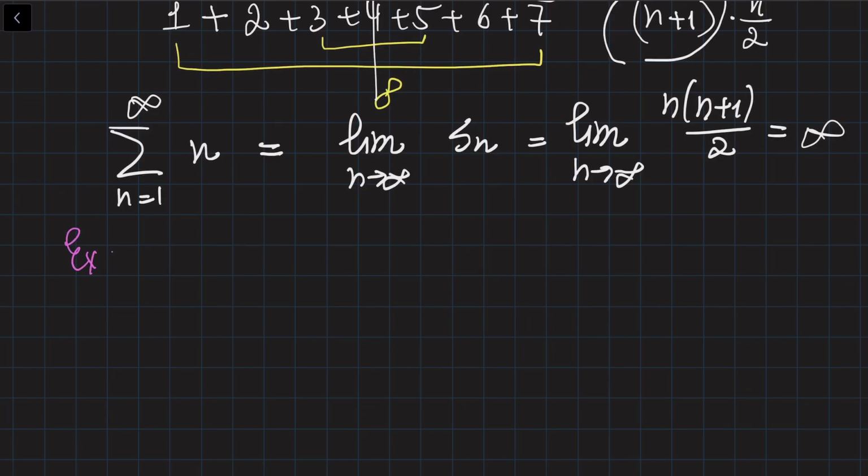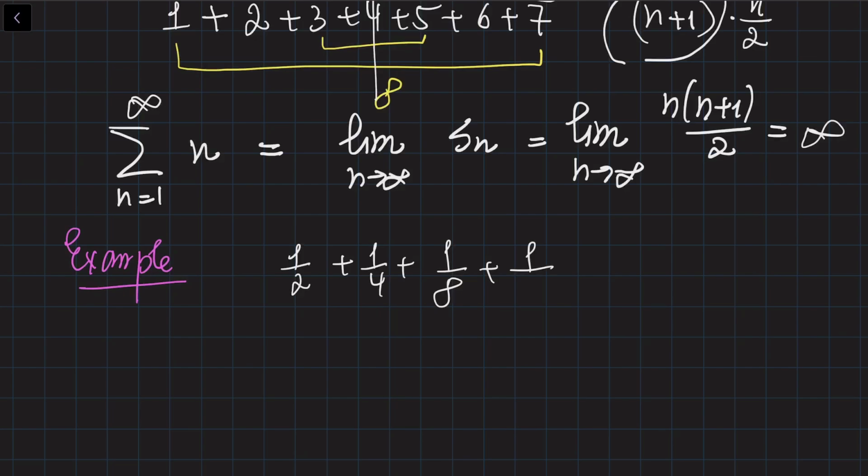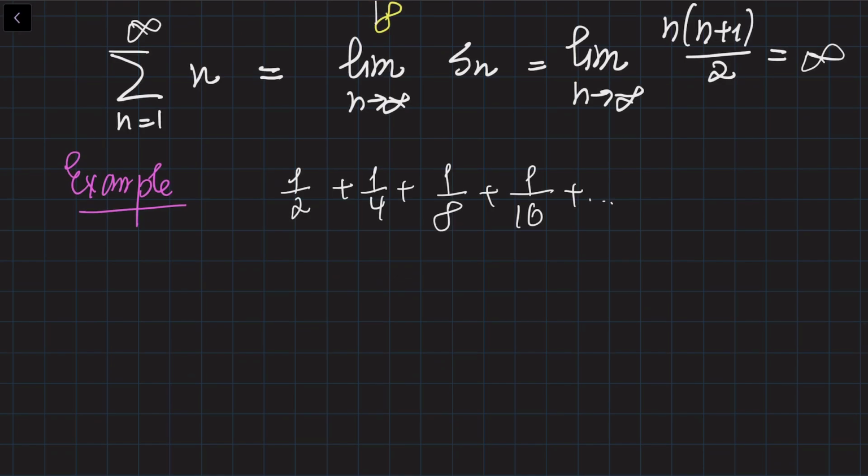Let's consider another example of a series which is going to converge. Let's say I'm going to add the numbers 1 over 2 plus 1 over 4 plus 1 over 8 plus 1 over 16 and so on. You see that I'm just adding the powers of 1 over 2.